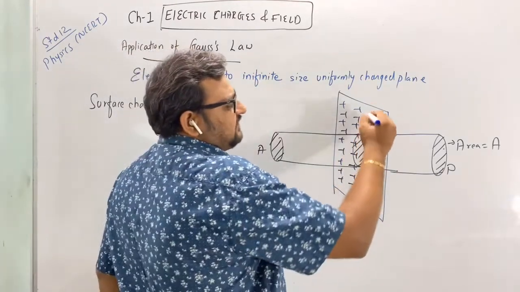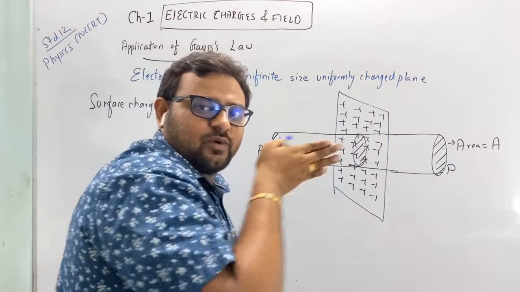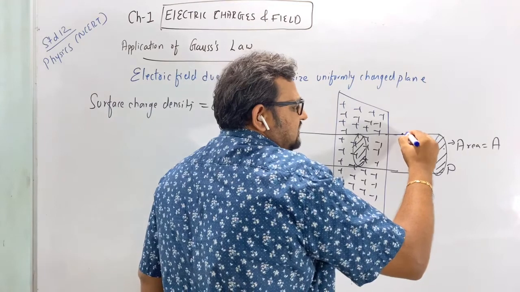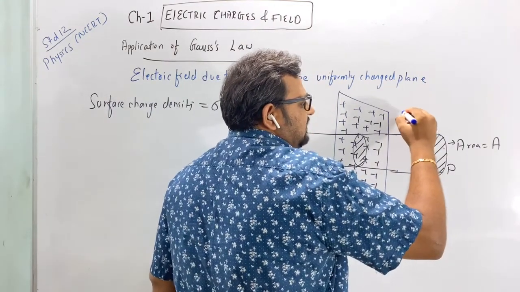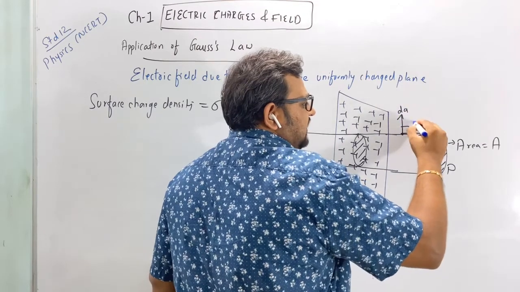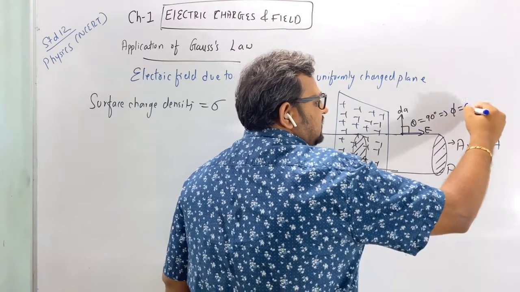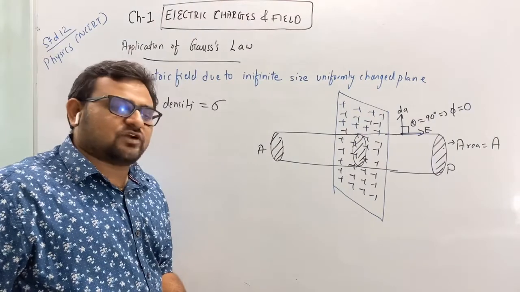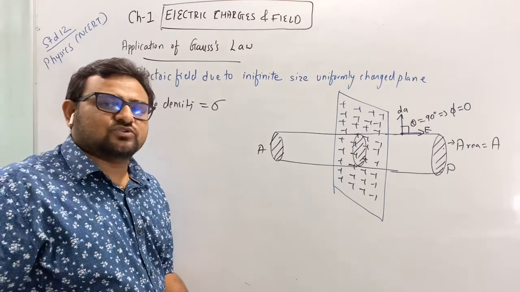For a planar surface, the electric field is directed away from it. On the curved surface, the electric field is in this direction and the area is in this direction, so the angle theta is 90 degrees. That implies the flux is 0. So the total flux passing through the curved surface is 0.